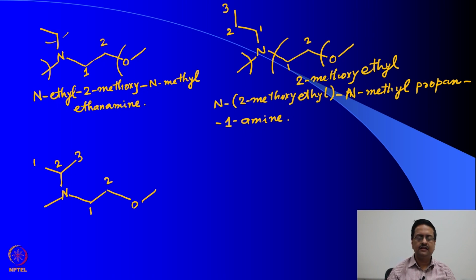So, this is again a propanamine, but not like the previous one, when it is propan-1-amine, it is propan-2-amine, and this group remains as it is, and I have N-methyl as it is.